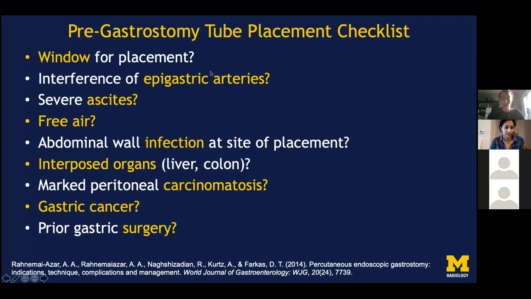Because that can be a source of bleeding. Any severe ascites, free air, abdominal wall infection at the site of placement, or are there any organs in the way of where you would want to place your tube? And then marked peritoneal carcinomatosis, like our patient had, is typically considered something that people want to be aware of, and then gastric cancer or prior gastric surgery.